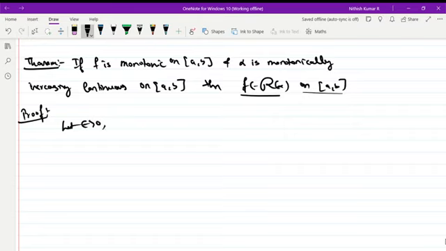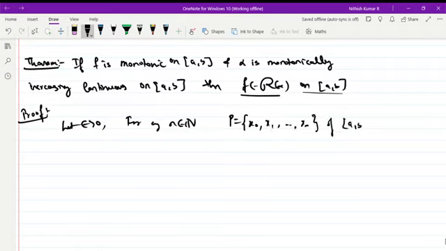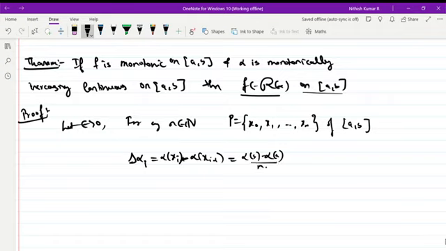So for any n belongs to N, consider the partition P equal to x0, x1, so on up to xn of closed interval a comma b, such that delta alpha i, that is nothing but alpha of xi minus alpha of xi minus 1, is equal to alpha of b minus alpha of a divided by n.